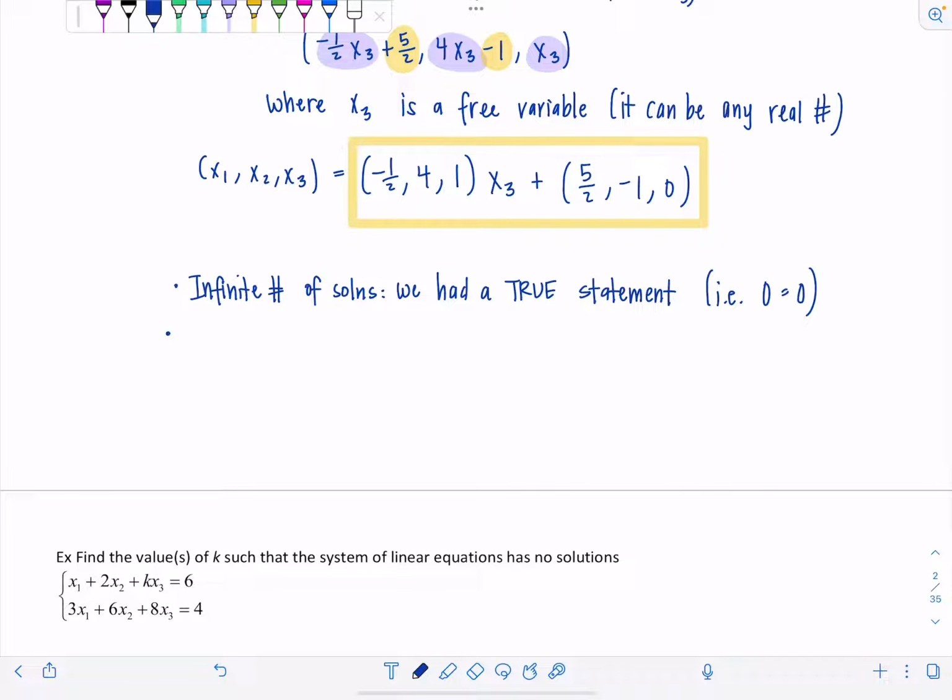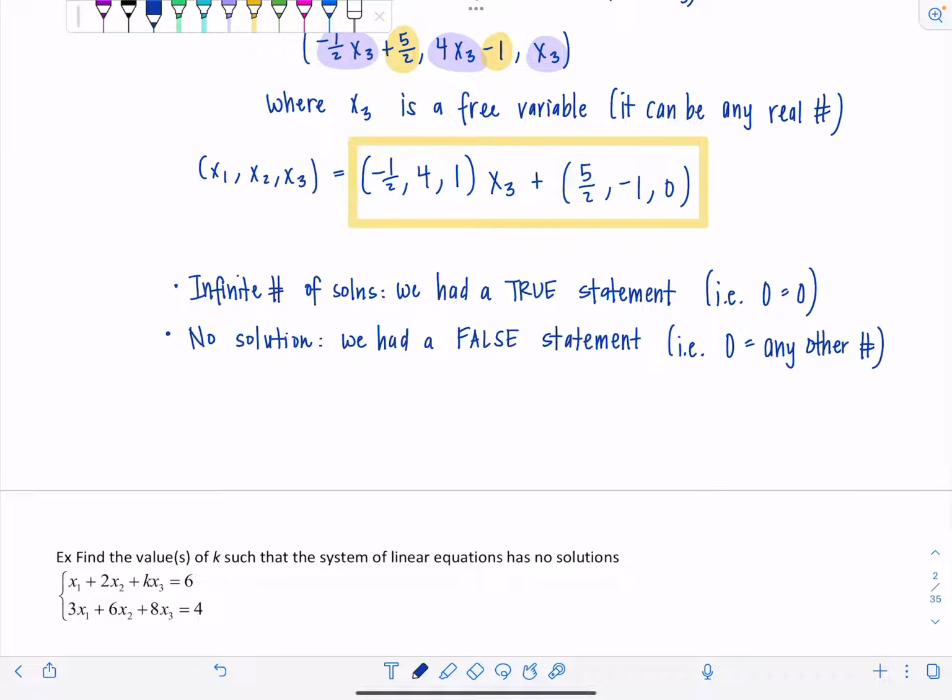The other possible scenario that we haven't run into yet is if you were to have no solution, and that would be if we had a false statement arise in one of our equations in the system. So a false statement would look like 0 equaling any other number besides 0.